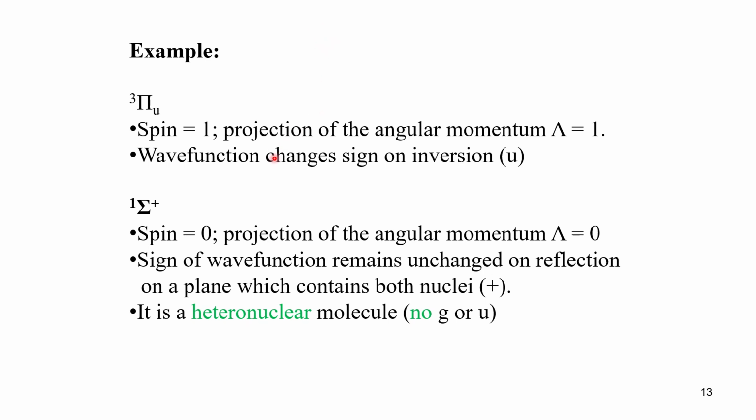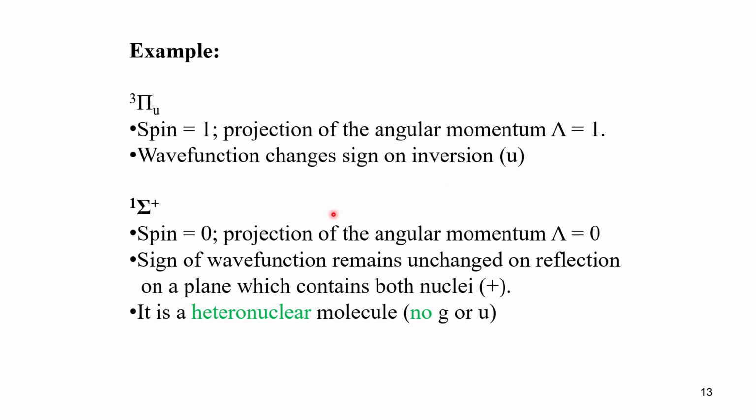Here we look at two examples. The symbol triplet pi u indicates a spin of 1, a total orbital angular momentum lambda equals 1, and a wave function that changes sign upon inversion, so it has the symbol u, ungerade.